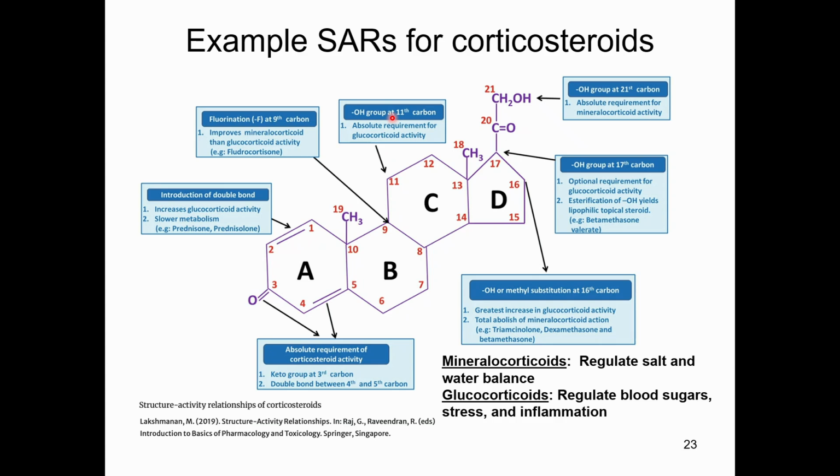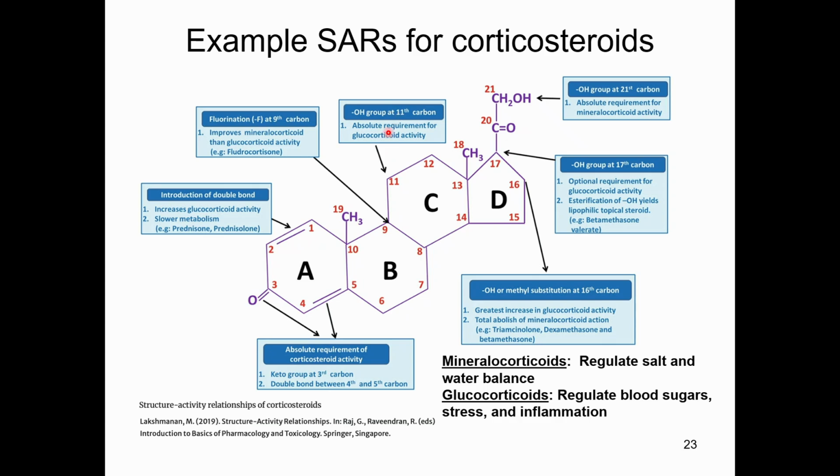Remember, though, that this is probably binding to some receptor, and so those chemical changes in the drug are going to influence how that drug interacts with its target, a receptor, for instance. And so if you want to know why adding a hydroxyl group here is important, it's probably because it's changing the way that drug chemically interacts with its target. Might affect a hydrogen bond or something like that, okay?